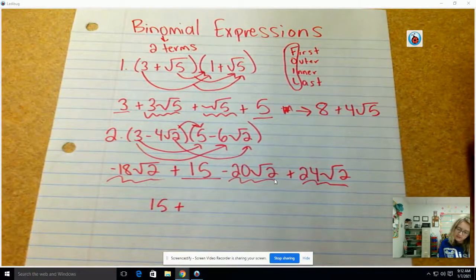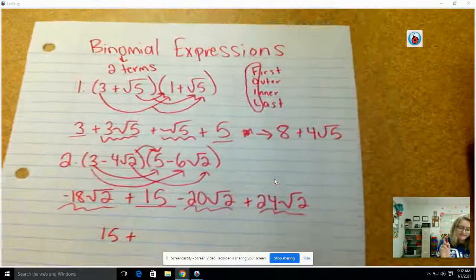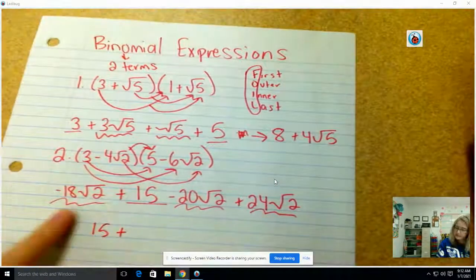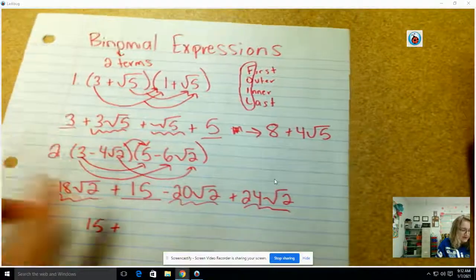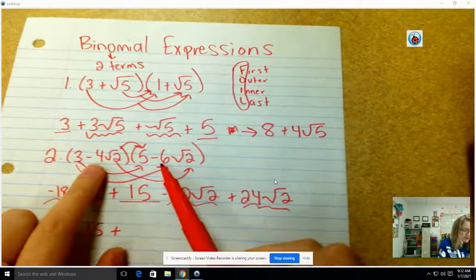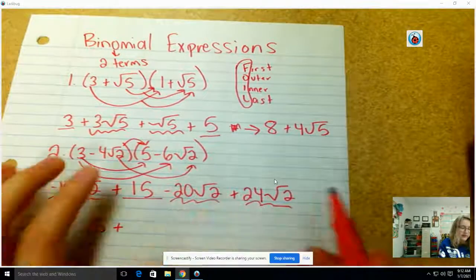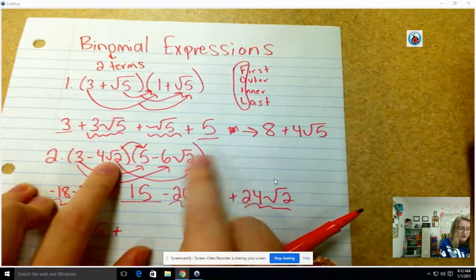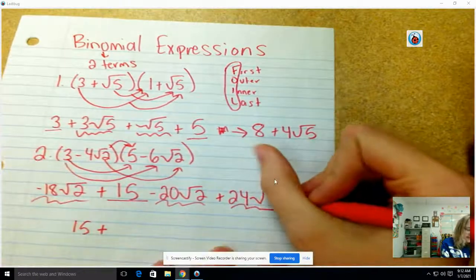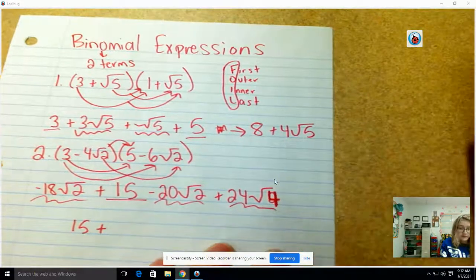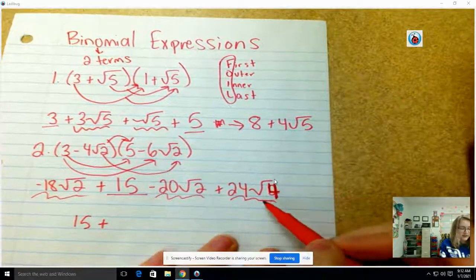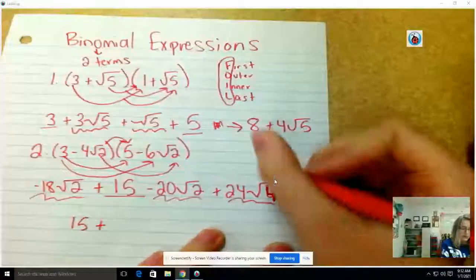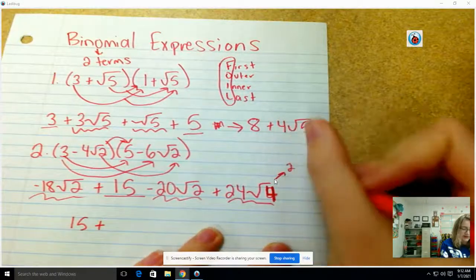Okay, I want to look back at my notes over something. Oh, see, Miss Morgan doesn't follow her own notes. Let's backtrack here. Negative 4 times negative 6 gives me that 24, but we can't forget to also multiply our radicals. Radical 2 times radical 2 gives me radical 4, and we know radical 4 is a perfect square, so that breaks down to 2.